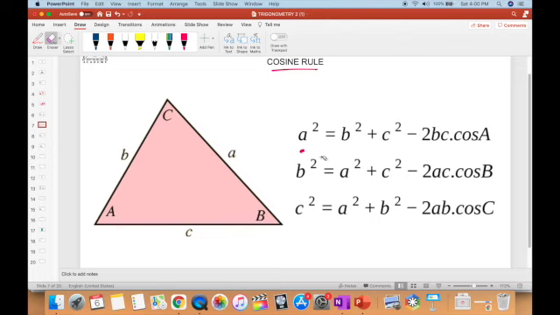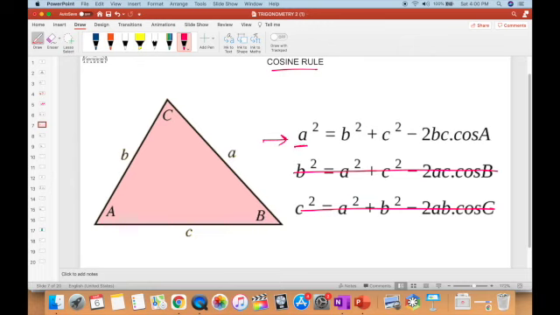So this is the cosine rule. A squared is equal to B squared plus C squared minus 2BC cos A. You don't really have to write down these two. It's all the same.